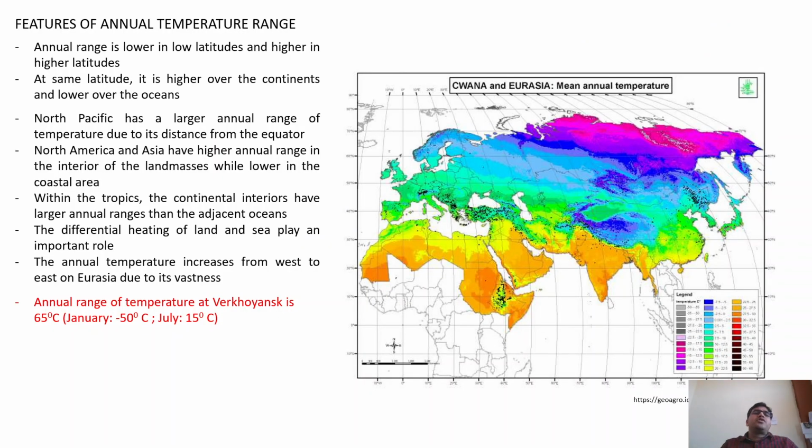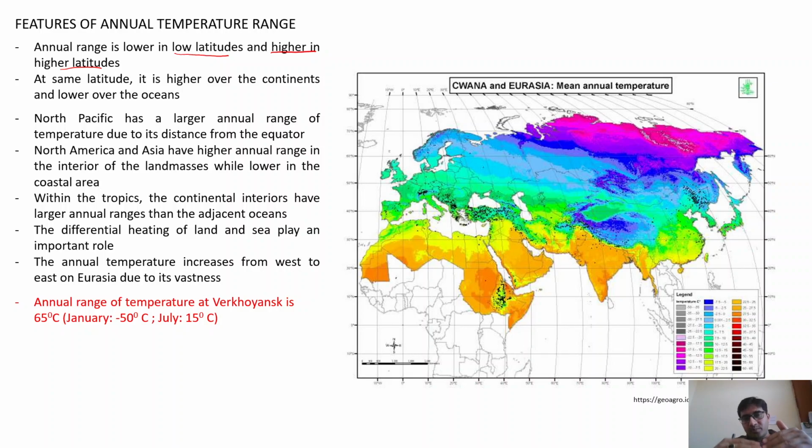A few features of the annual temperature range: as I just told you, annual temperature range is lower in low latitudes and higher in higher latitudes. When I say higher latitude, as compared to the equator, tropic of Cancer or tropic of Capricorn are higher latitudes. As compared to 23.5 degrees, 66.5 degrees is a higher latitude.